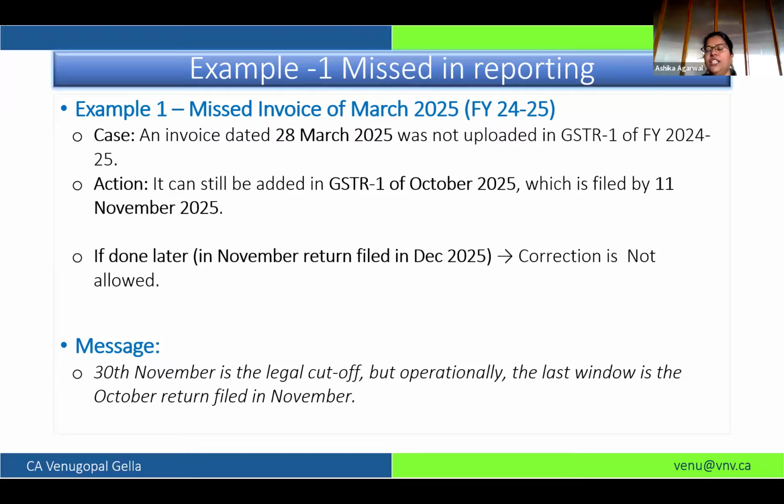This part of the adjustment which we are doing relating to 24-25 in 25-26 will form part of your GSTR 9 reporting also. There is specifically a part 5 of GSTR 9 which deals with wherever there is a spillover transaction, where, like in this case, you have reported 24-25 transactions in 25-26.